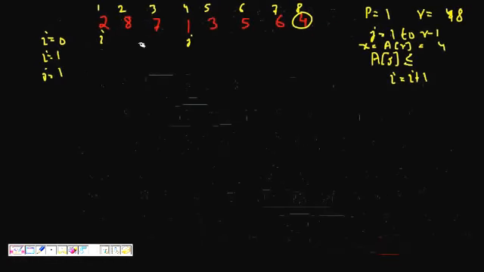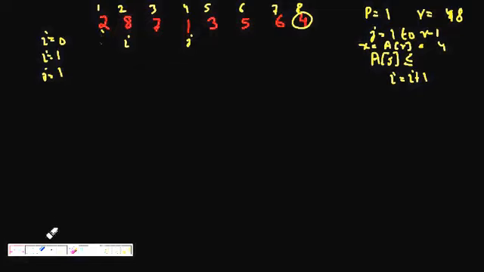So let's see. J is this, I is this, so I becomes, now here it goes, and what happens is we swap 8 and 1. So it becomes 2, 1, 7, 8, 3, 5, 6, 4. Okay, so now J is here itself, I is here, and we swap 1 and 8.